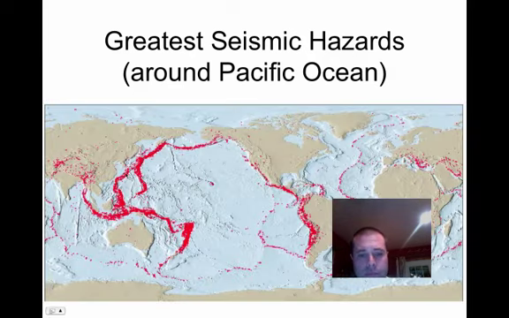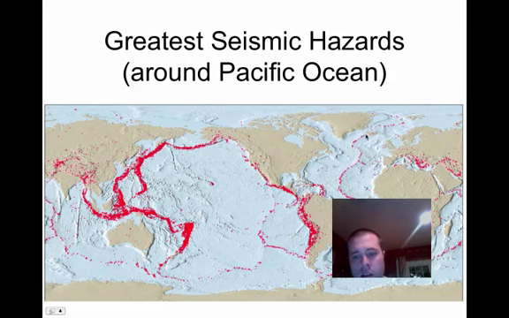Okay, so here's a map of some seismic data, and we can see the very active areas all around. See here where I'm pointing to is the Pacific Plate. Here's North America here in the North American Plate. But this is all one plate here. There's actually a plate here as well as in this area and here.